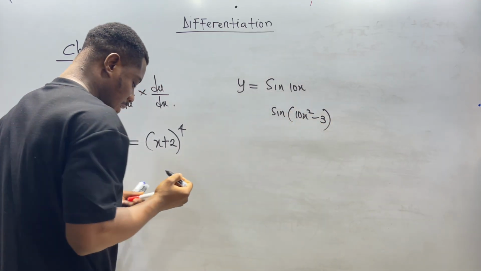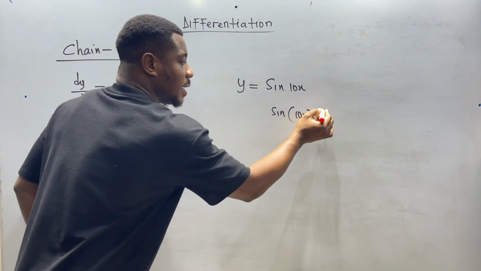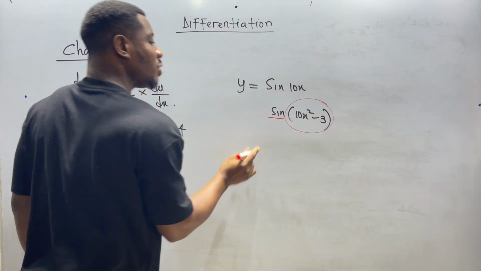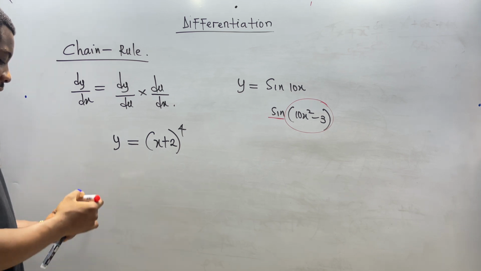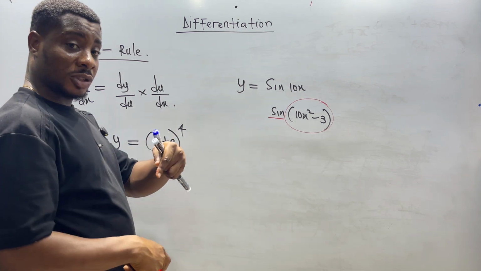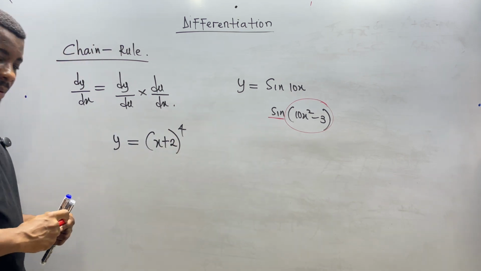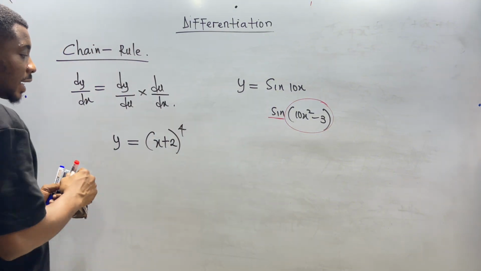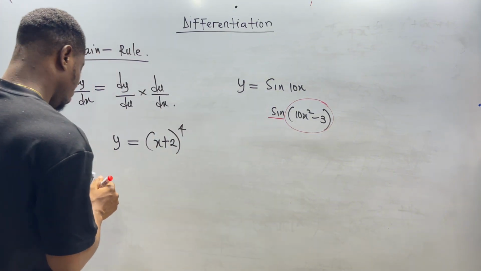Now you can see that I have a polynomial function inside a trigonometric function. So anytime I have a function inside another function, just know that I can easily apply chain rule.